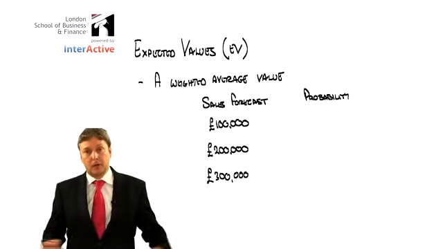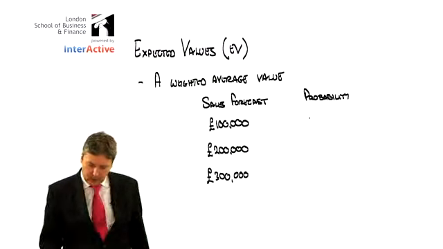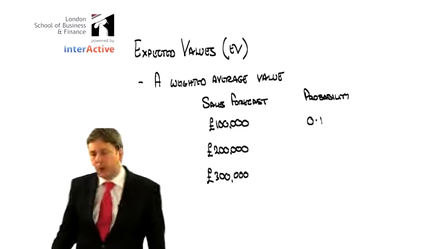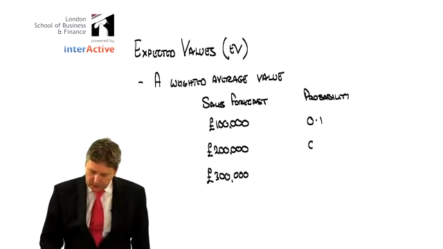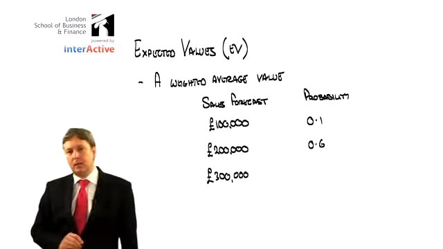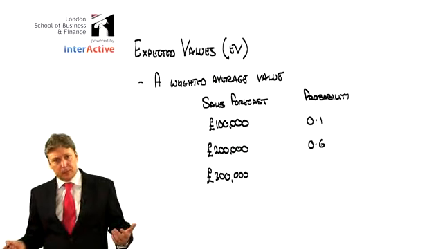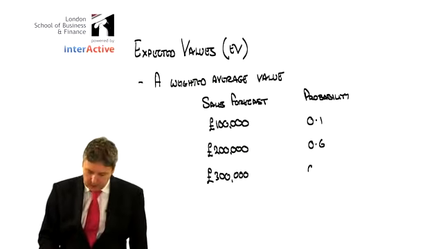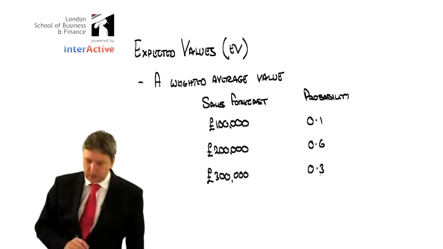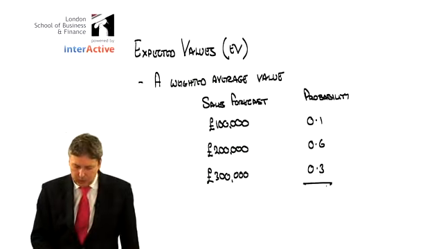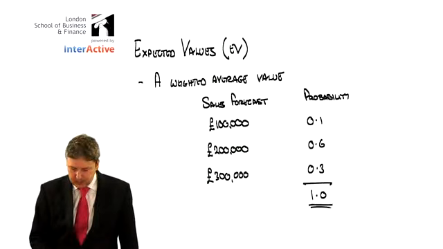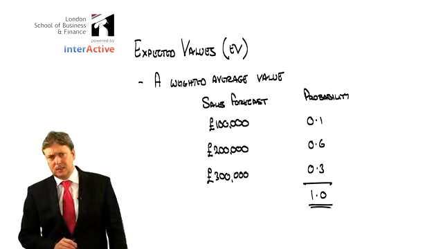It's possible that 100,000 is our low forecast, and there is only a 0.1 or 10% chance of that occurring, whereas 200,000 is our most likely forecast, and there is a 0.6 or 60% chance of this occurring, and 300,000 a 0.3 or 30% chance. As we all know, when it comes to probability, probabilities should sum to 1. At least we would hope so.